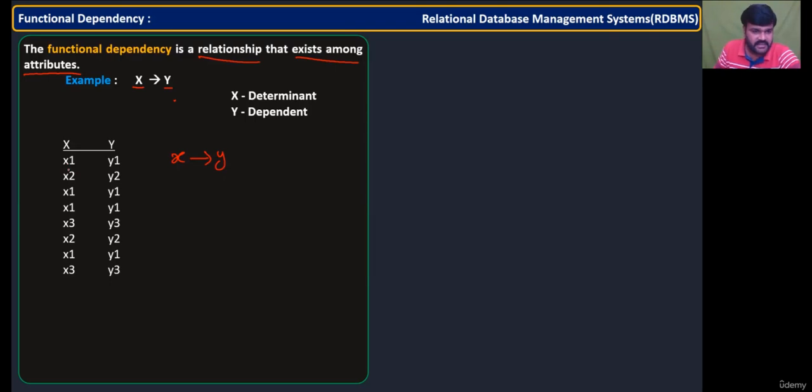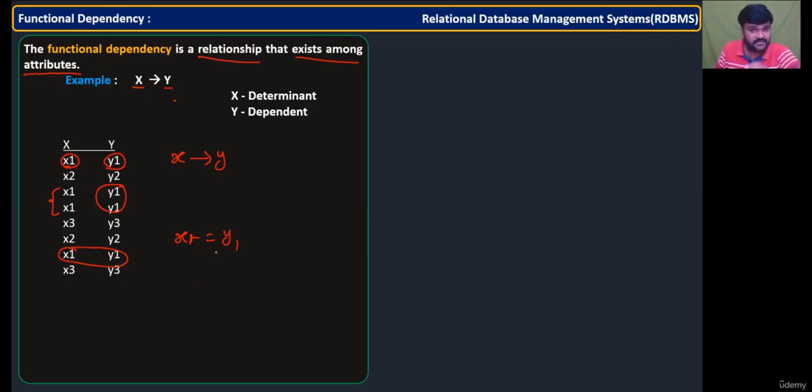Here one of the values of X is X1, and that is deriving Y1. If I ask you, for X1, what is the Y value? You are going to say Y1. Is it every time? Here you can see X1 is there, and both times it is deriving Y1. And here also X1 is there, and that is also deriving Y1.